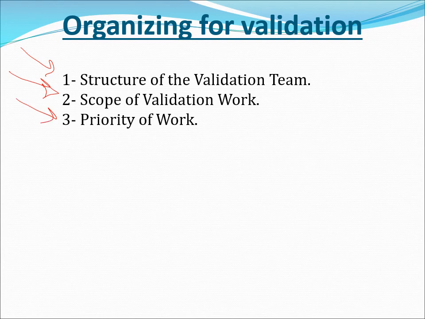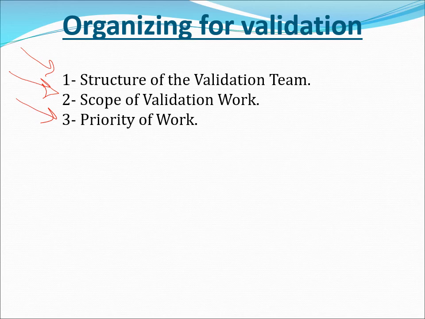The third title is priority of work. Which is more important? We have to prioritize the work. For example, if we have sterile products and non-sterile products, which one is more important? Which one should come first in the validation?